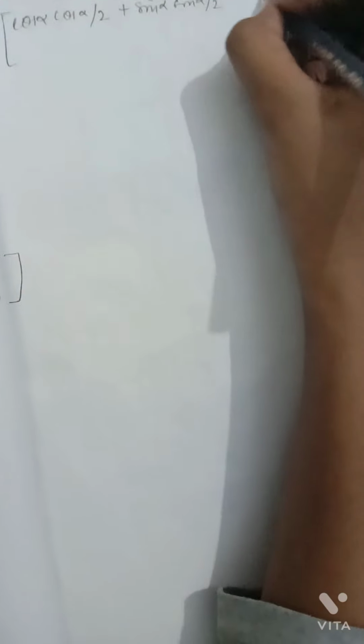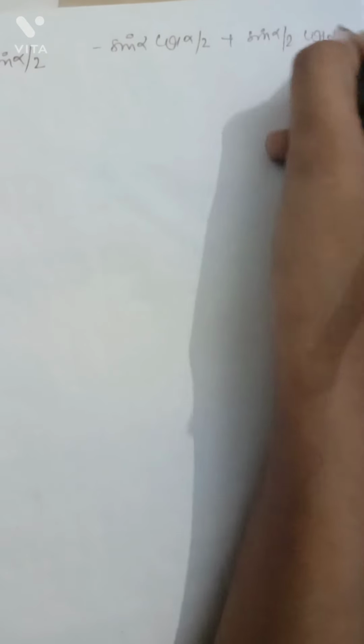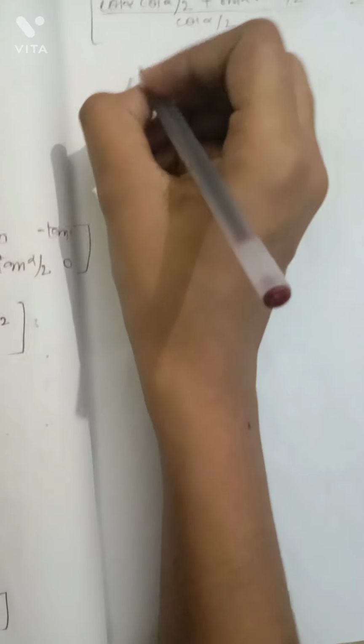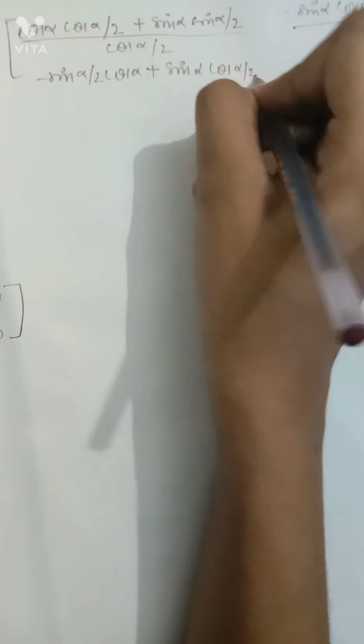Here it is minus sin alpha cos alpha by 2 plus sin alpha by 2 cos alpha, it is cos alpha by 2 also, divided by cos alpha by 2. It is minus sin alpha by 2 cos alpha plus sin alpha into cos alpha by 2 upon cos alpha by 2. Here we will get sin alpha by 2 plus cos alpha by 2 upon cos alpha by 2.